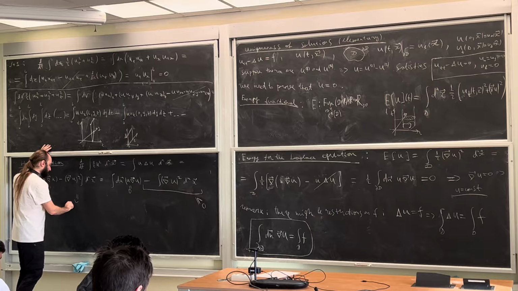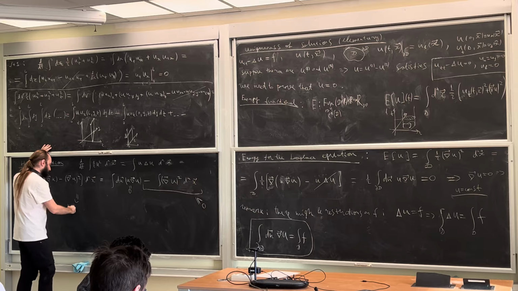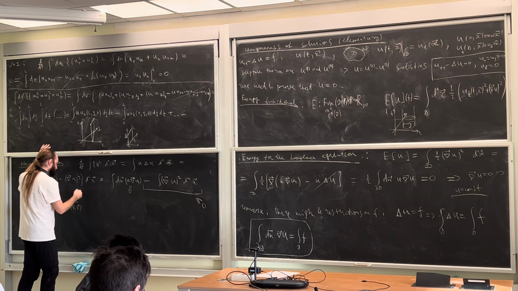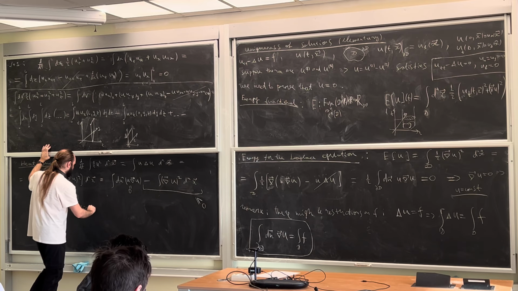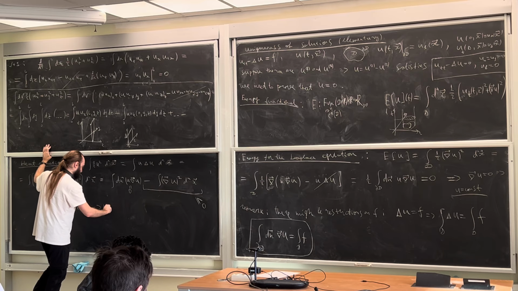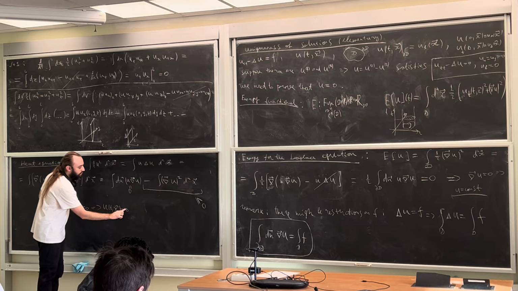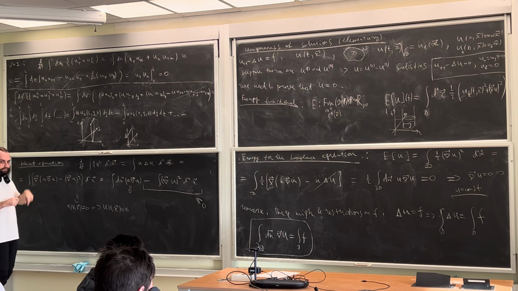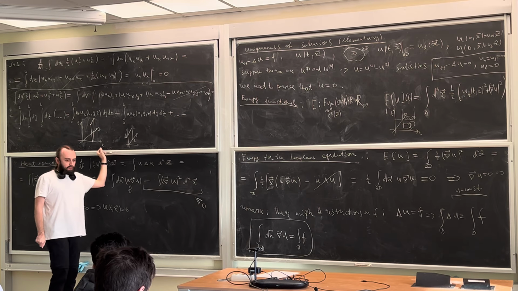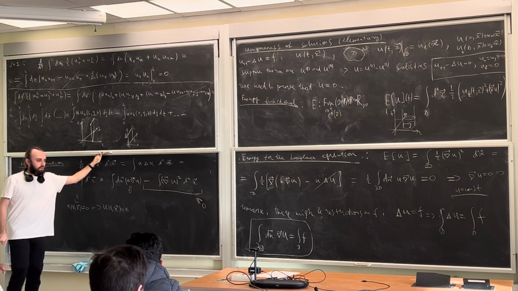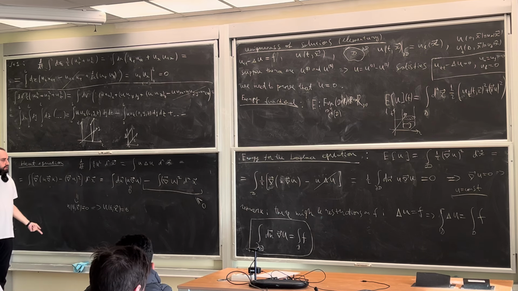So if u at time 0 and x was 0, then u of t and x is 0 as well for any time.